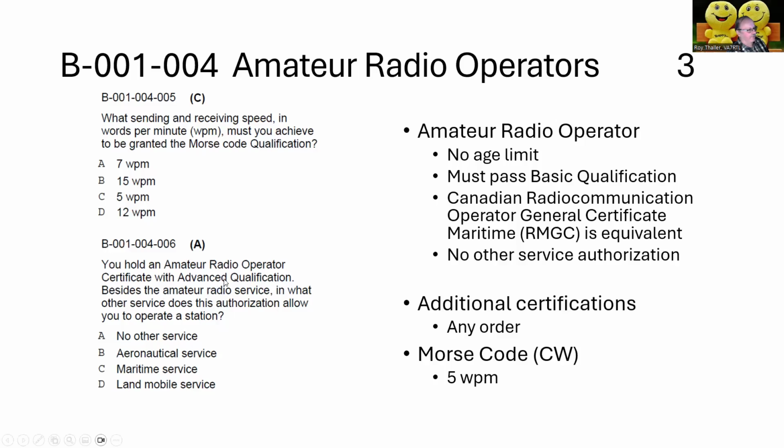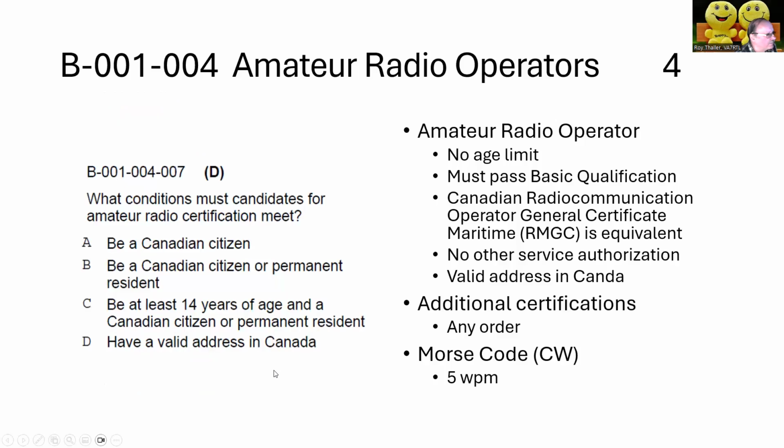So if you have an amateur radio certificate, you cannot operate in, for example, aeronautical service, maritime service, or land mobile service. These all have additional requirements. So here is another one. What conditions must the candidate meet? The only requirement is to have a valid address in Canada.